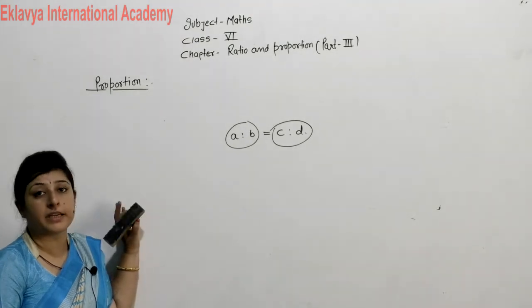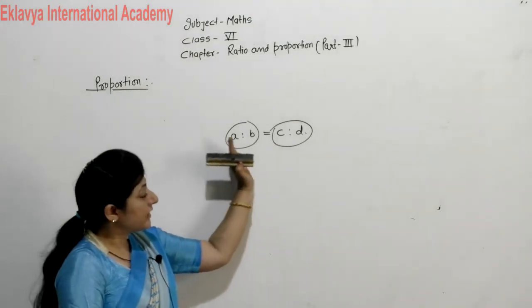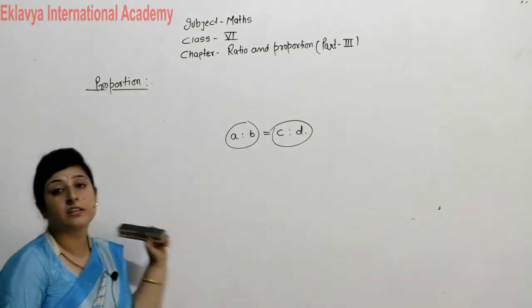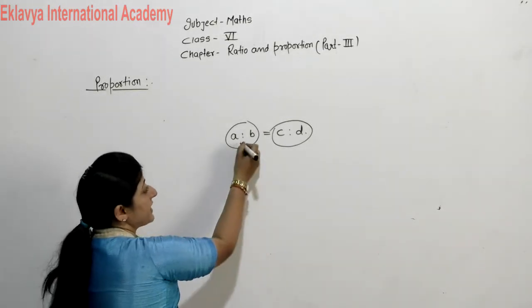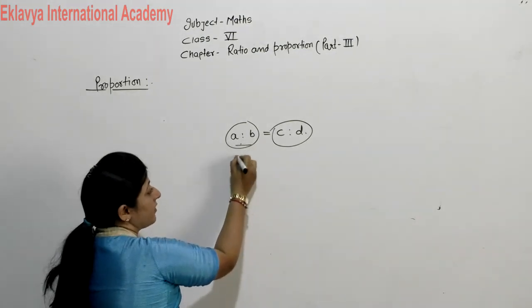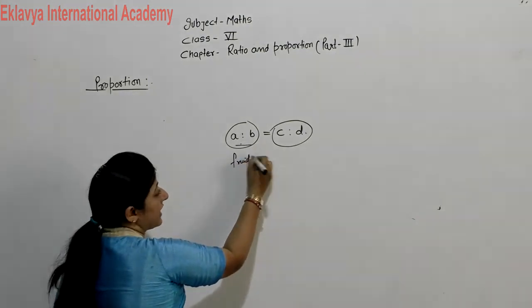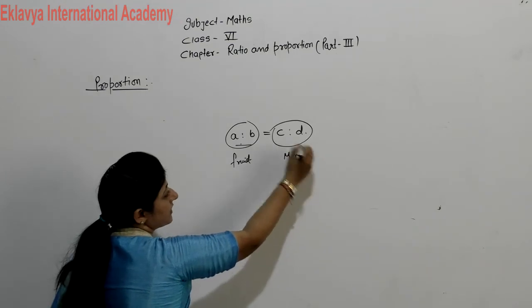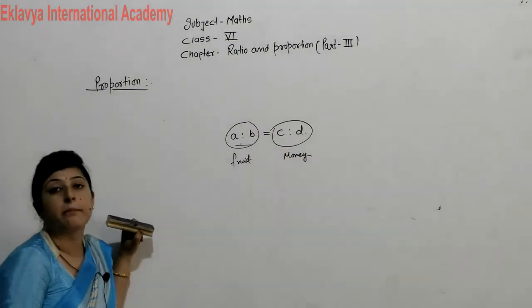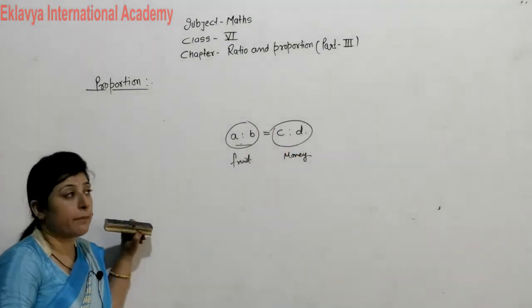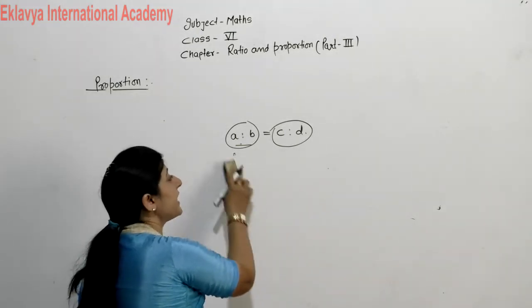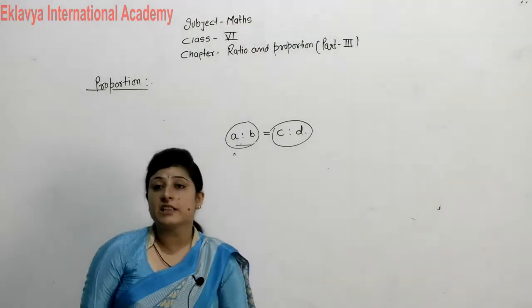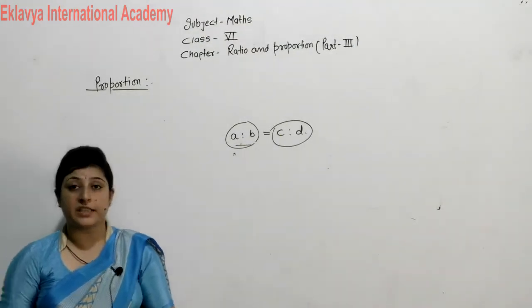Then we can compare it. But these two pairs can be of different kinds. Suppose this is talking about fruit and this ratio is talking about money. Then we can compare the ratios of these. But when you are taking the ratio, there should be the same kind.